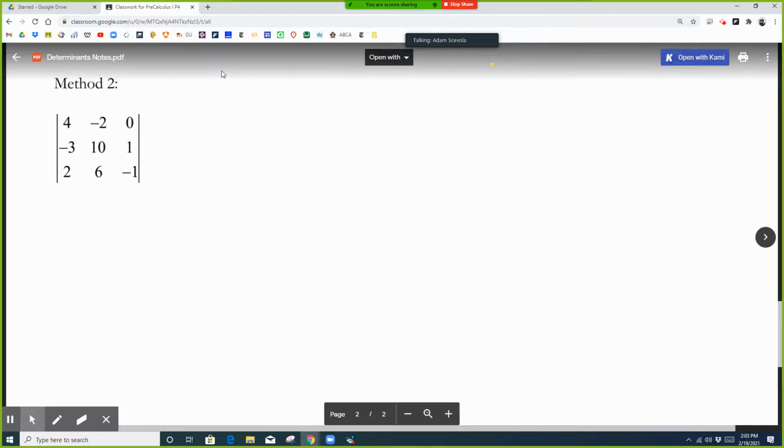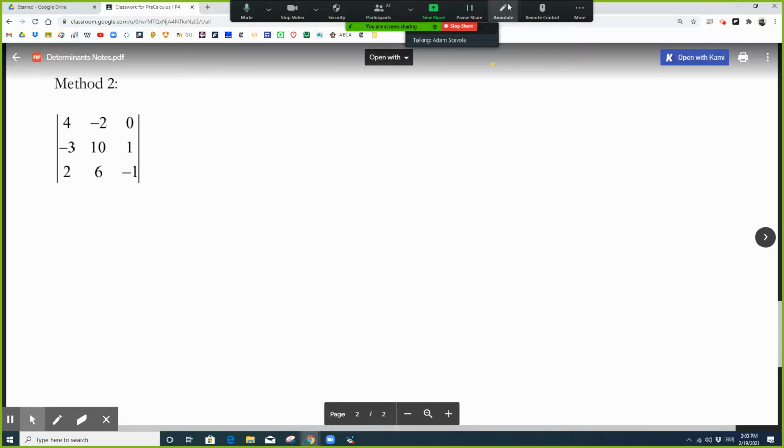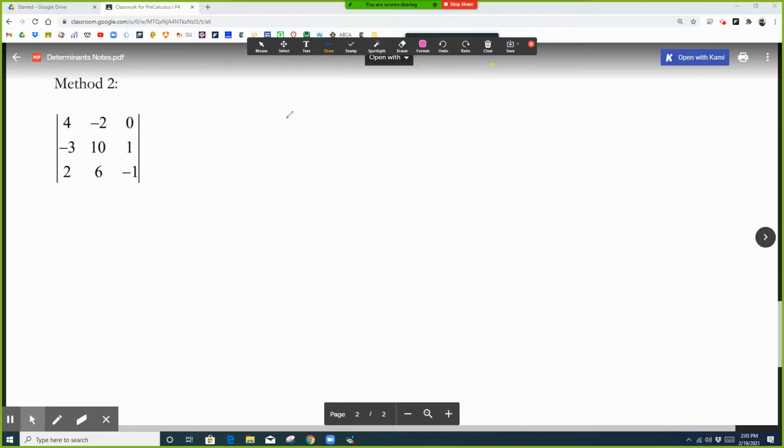All right, so we're going to take the first 2 columns. So this is column 1 here, and we're going to write it right next to this. And then take the second column, and repeat it over here.